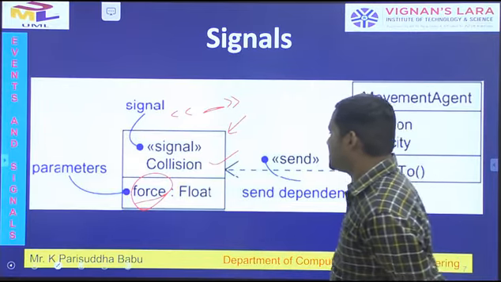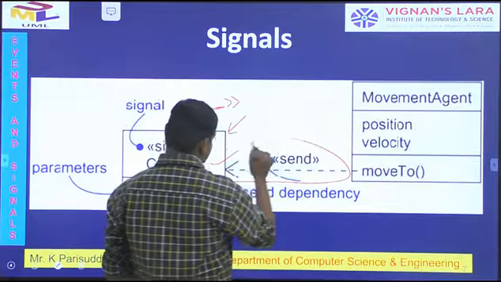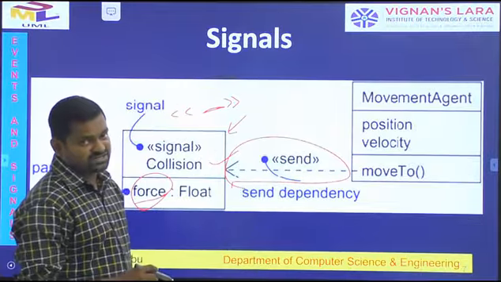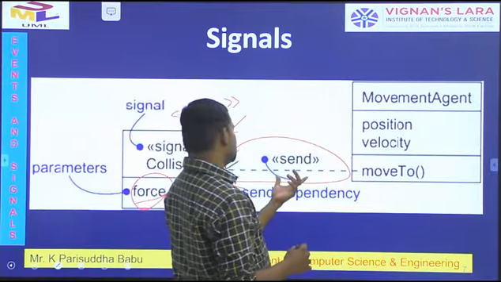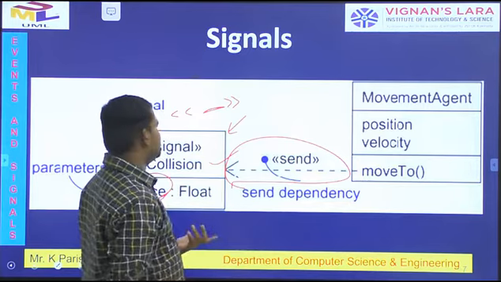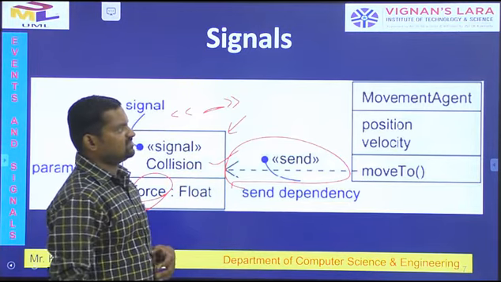Likewise, signals may also have a dependency relation. Sending is the dependency relation between the movement agent and the signal. Movement agent is the class.